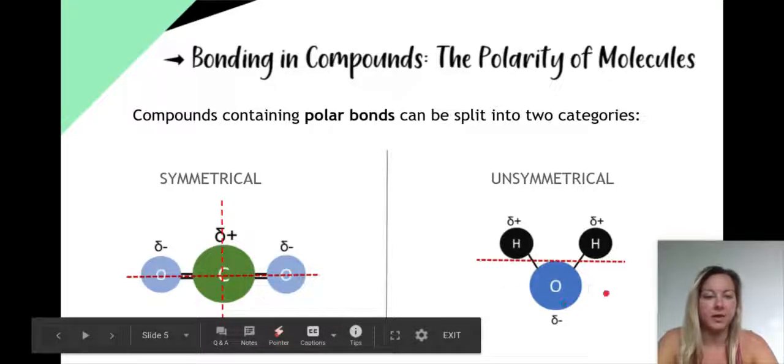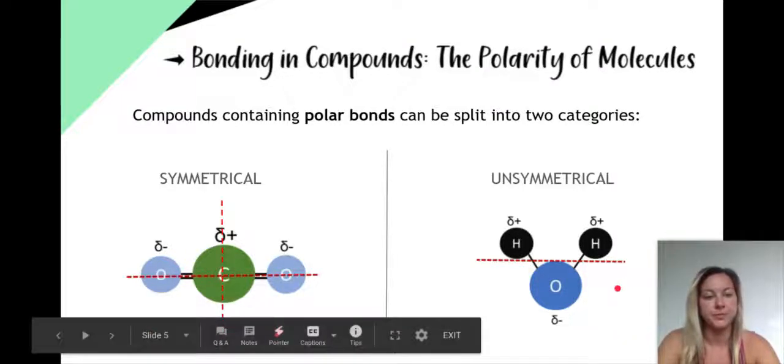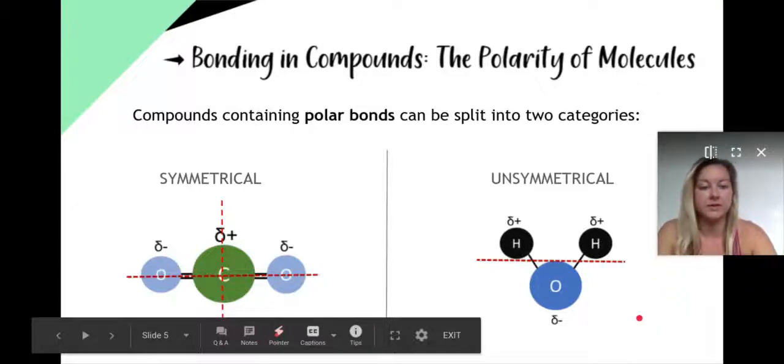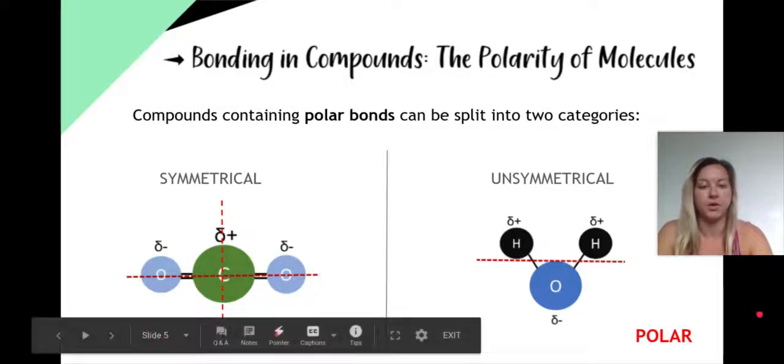And that again arises from the polar bonds. Oxygen is far more electronegative than hydrogen, so oxygen has a delta negative and the hydrogens are delta positive. So when we have this one side and other side, that is a dipole. It's a permanent dipole. It's going to stay there, and that is what we call a polar molecule.